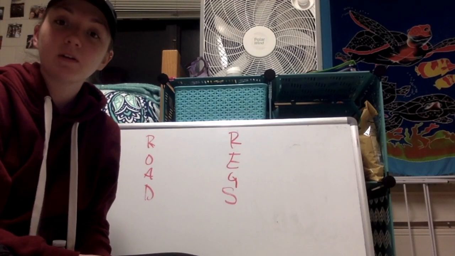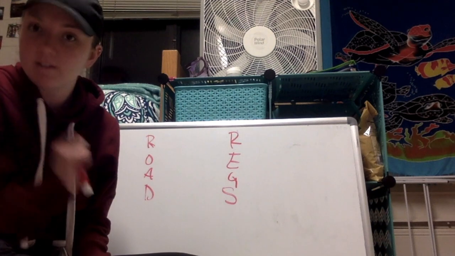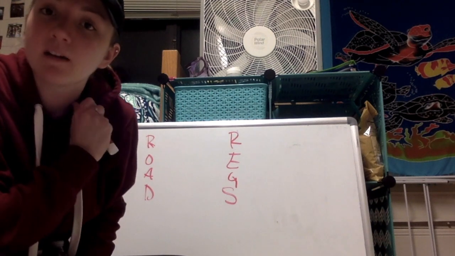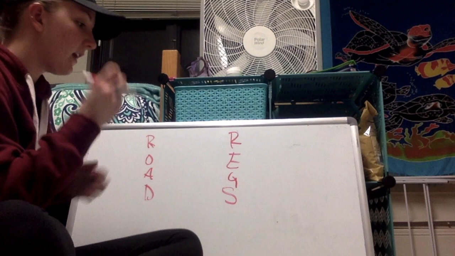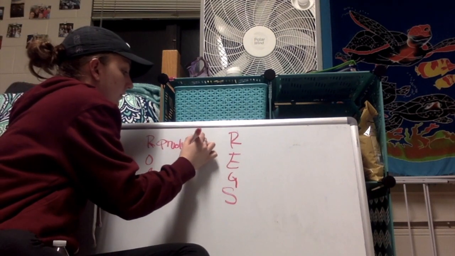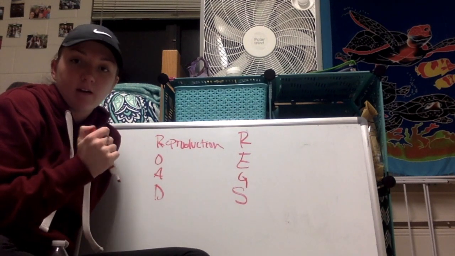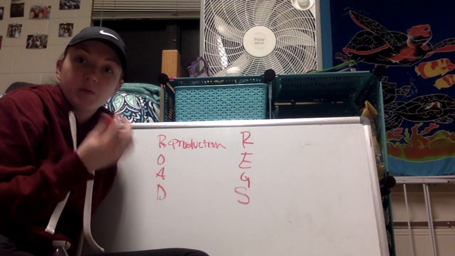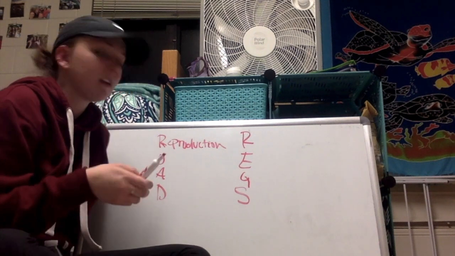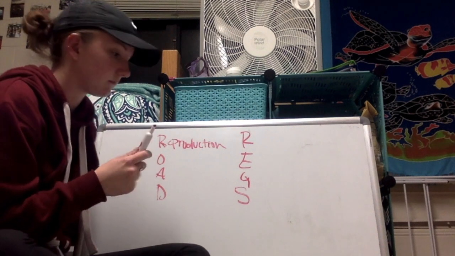Okay, so today we're going to learn about the characteristics of living things. And the characteristics of living things is classified by an acronym called ROADREGS. The R stands for reproduction. And the reproduction occurs when a male and female come together to produce an offspring. And there's asexual and sexual reproduction.